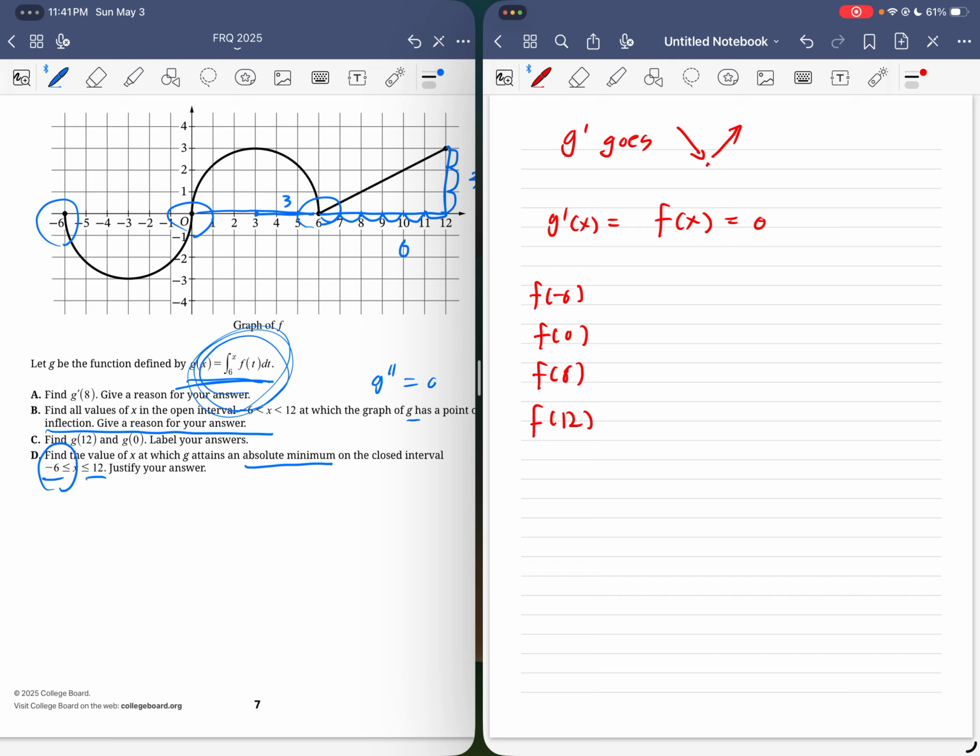So what's f of negative 6? It's 0, because the only thing that we are doing is the area under the curve, because you just want to know when G prime is equal to 0.